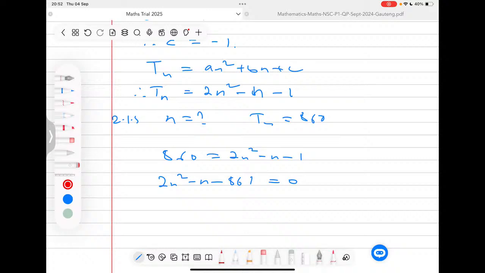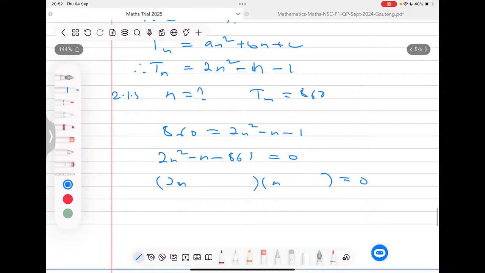Because this is a big number, you might not want to attempt looking for factors. It could take you a long time to actually find factors. I would advise here that you can use the quadratic formula. However, in my case, I just happen to know my factors. The factors will be sitting like a 2n and n.